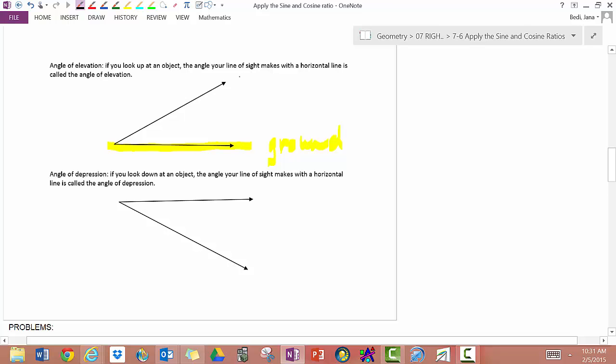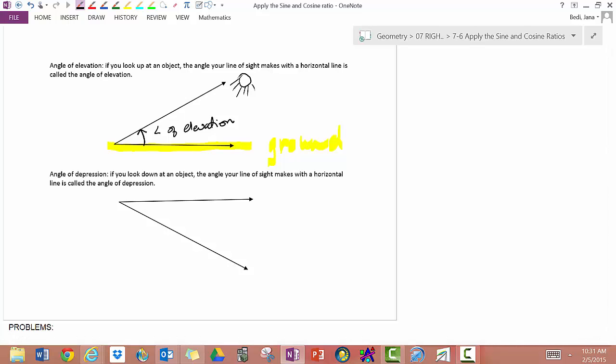We can just say that's a ball that's flying, or it could be the sun. So your eye is looking up at the sun, and this is the angle of elevation. It is always made with the horizontal. It's when you're looking up at an object.